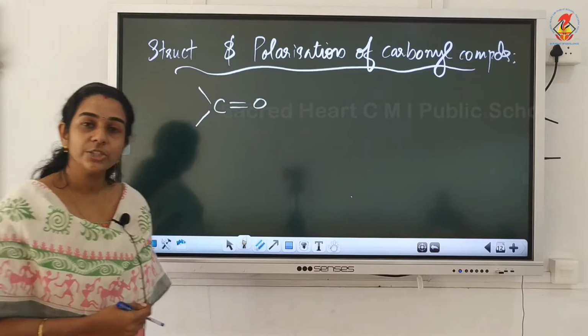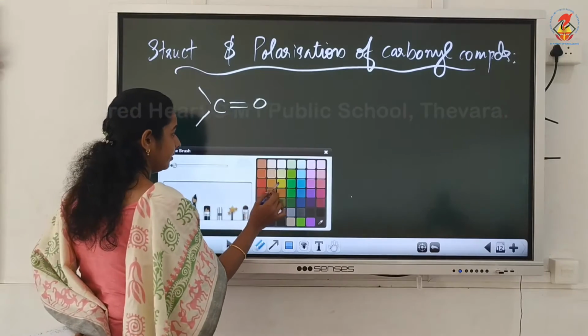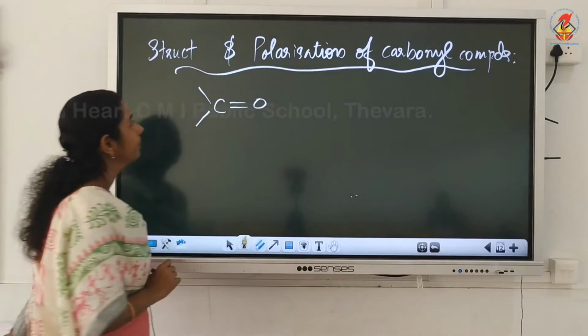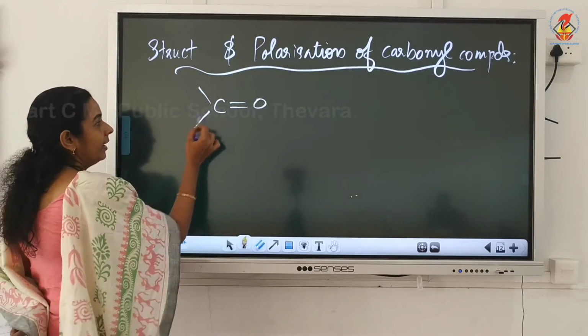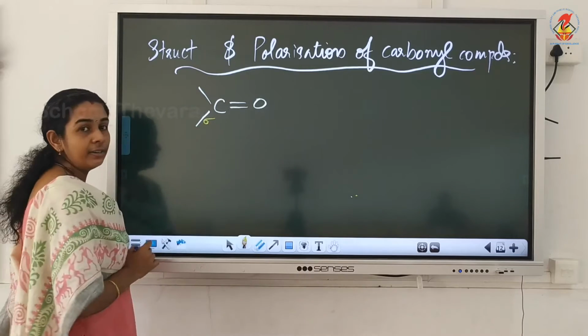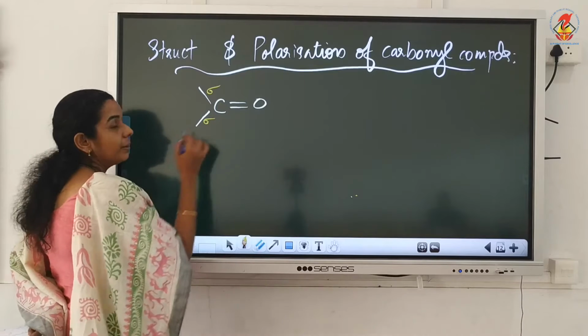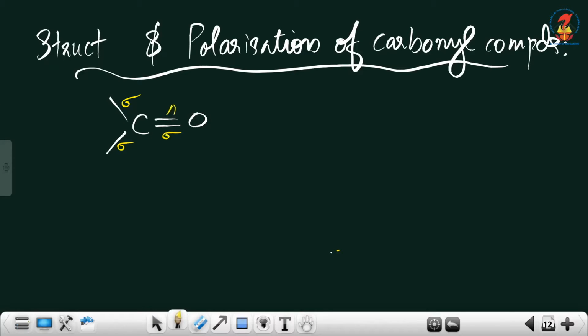Then what about the structure of a carbonyl compound? We know that a single bond is always sigma. Double bond means 1 sigma and 1 pi.